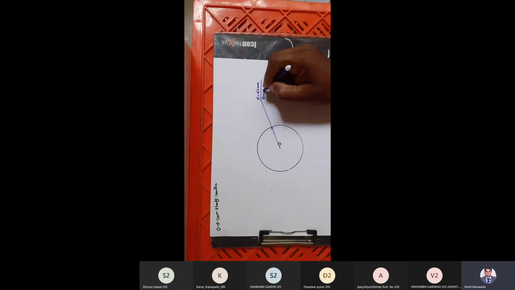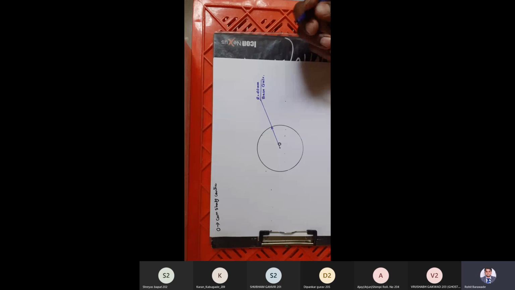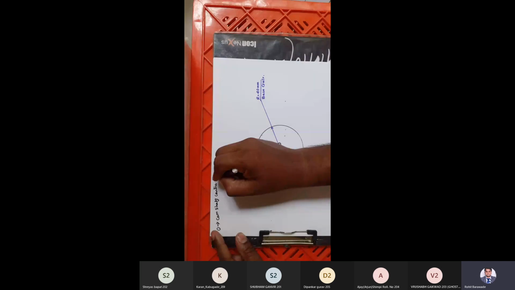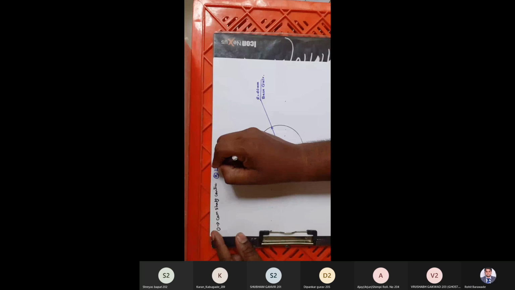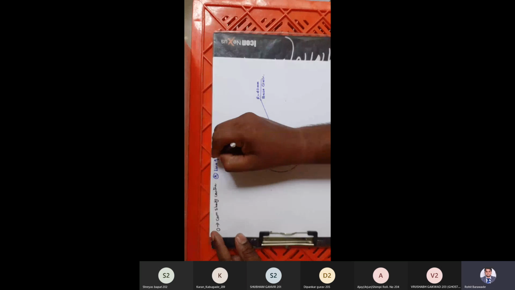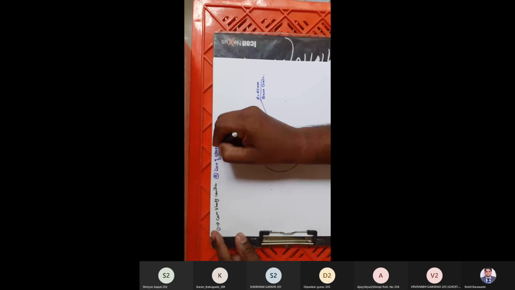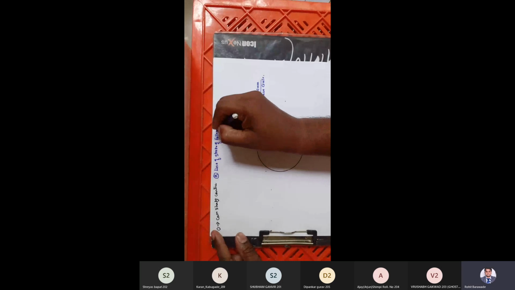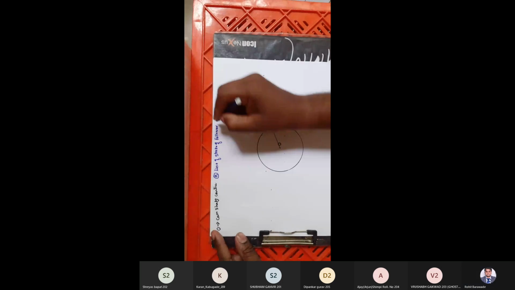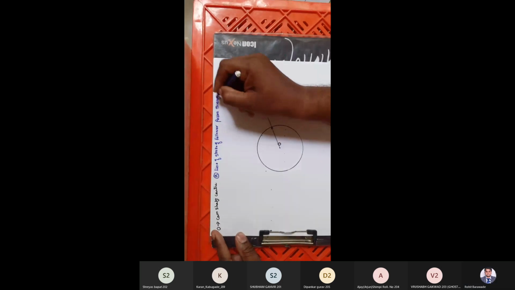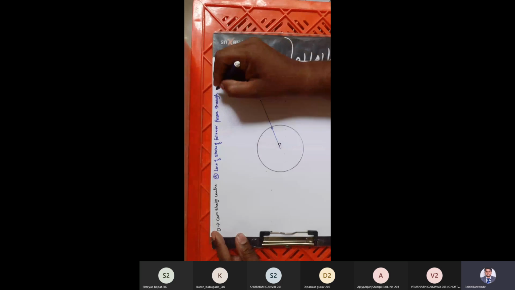Then first condition in our numerical, what is it? The A condition: the line of stroke of follower passes through camshaft axis.